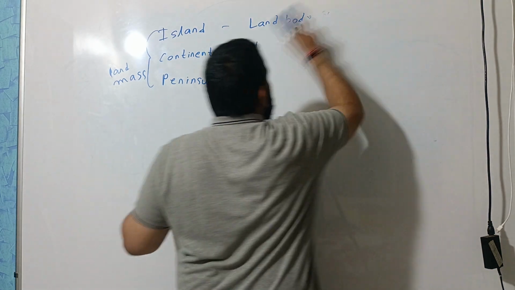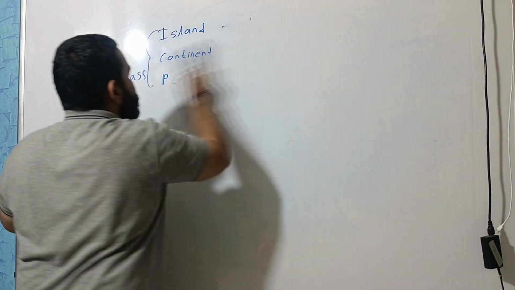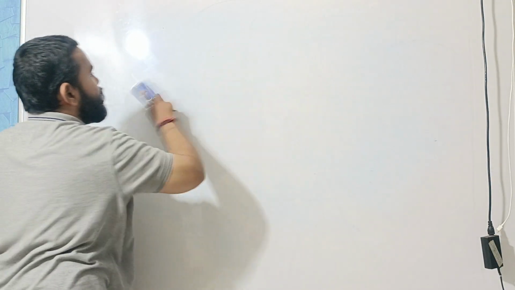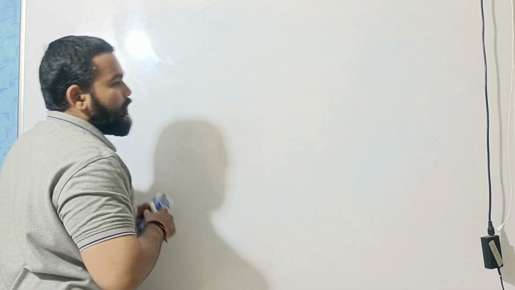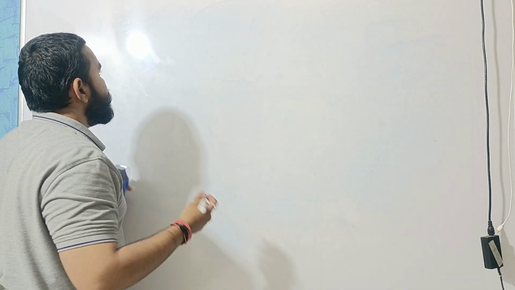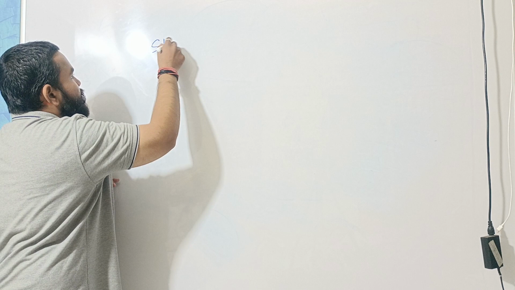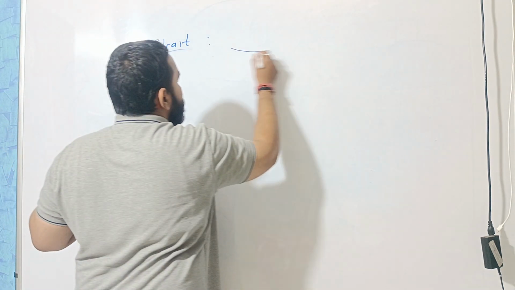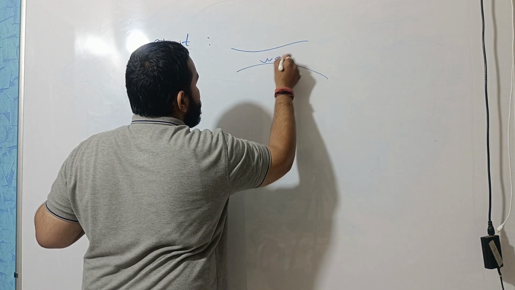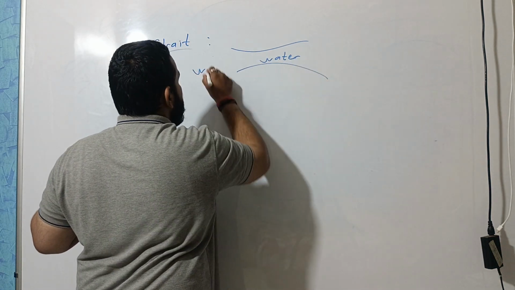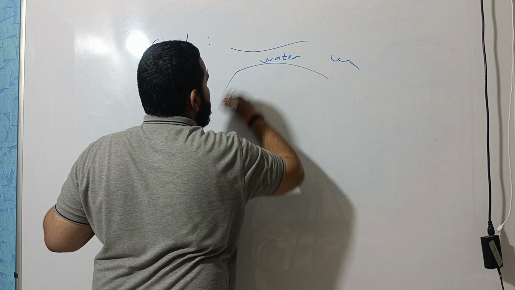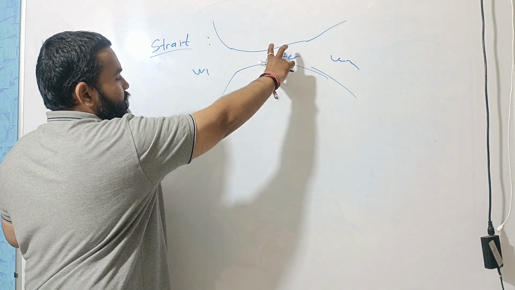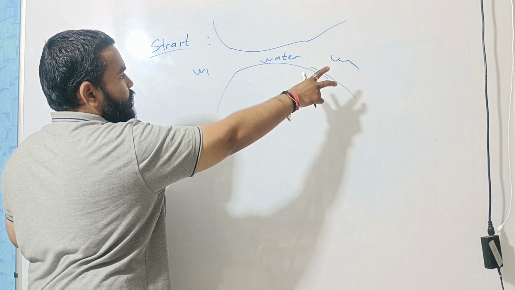Then we will talk a little about straits and isthmus, because these are some important features. If you have seen the map, you will already know them. Strait means, for example, this is water body 1 and this is water body 2. A strait is nothing but a water body which connects two water bodies.